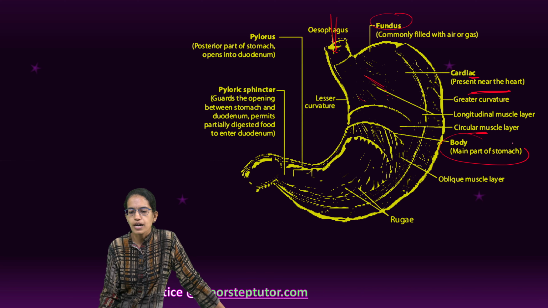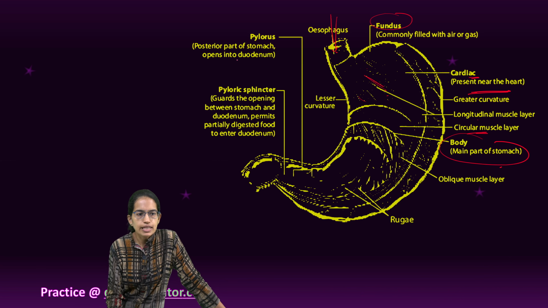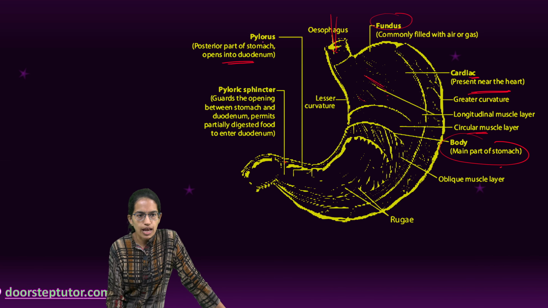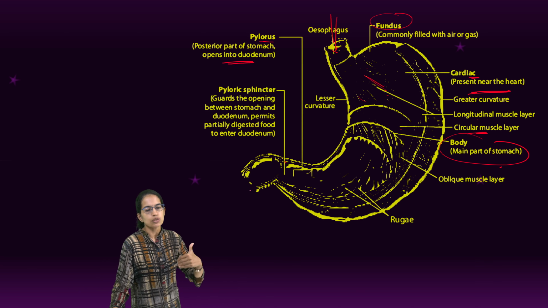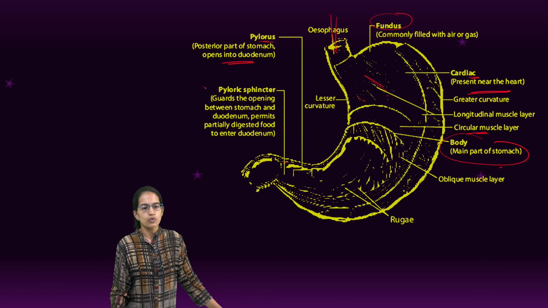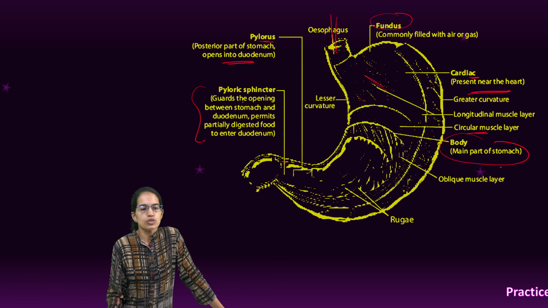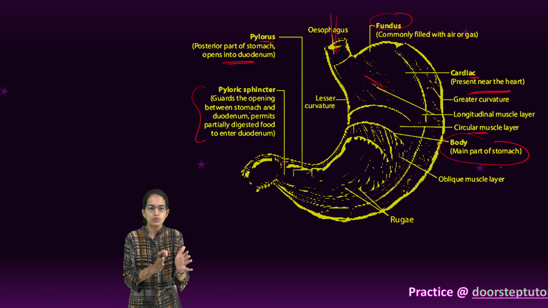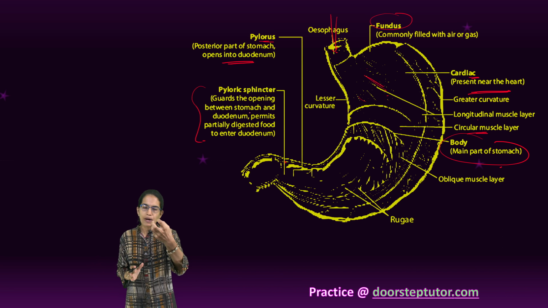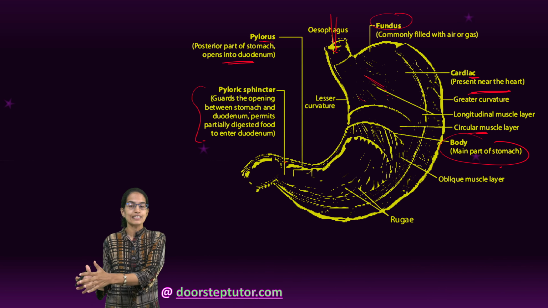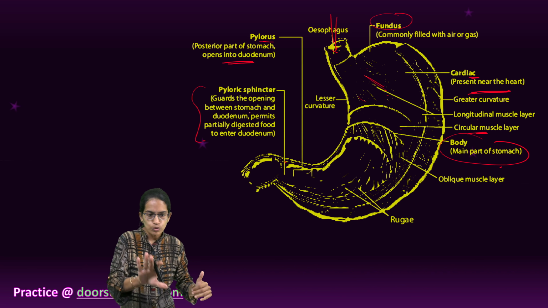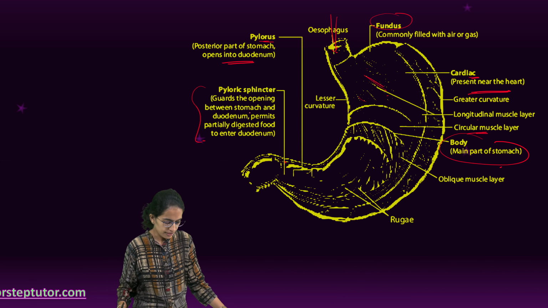Then is the main part or the body of the stomach. Then is the posterior part, which is known as the pylorus, and finally there is a sphincter which allows food to enter the duodenum, and this is known as the Pyloric Sphincter. So this sphincter connects the stomach to the duodenum, and the partially digested food, which has been digested through the gastric glands in the stomach, moves into the duodenum.